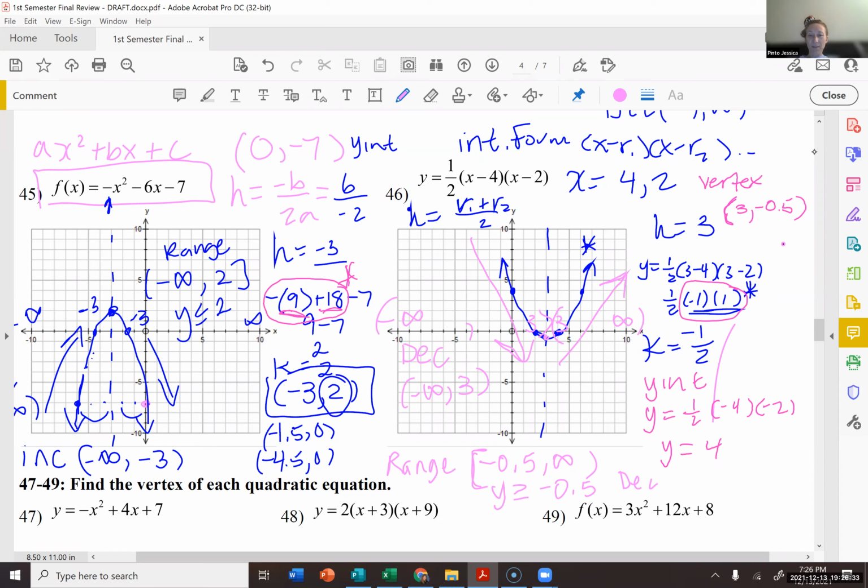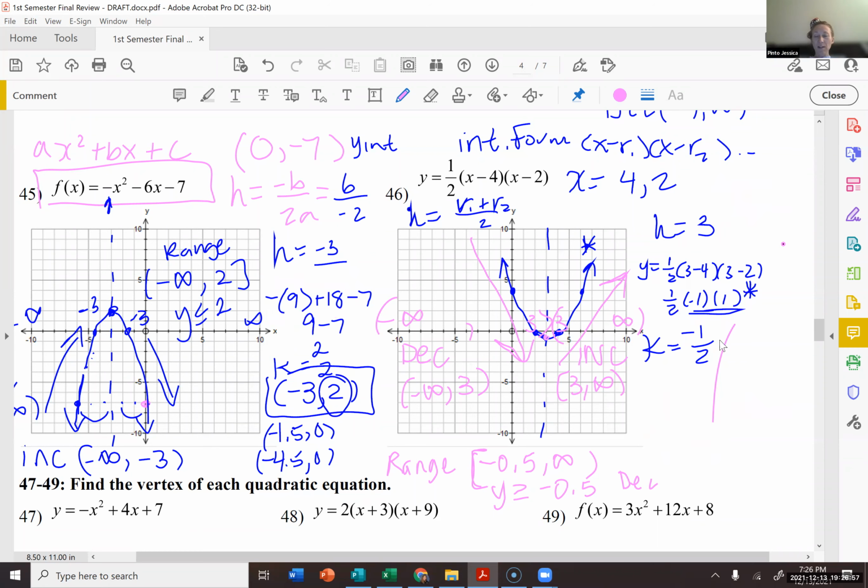And this side is increasing from 3 to infinity. And this is not one-to-one. Quadratic equations are not one-to-one, and neither are absolute value. Very cool.